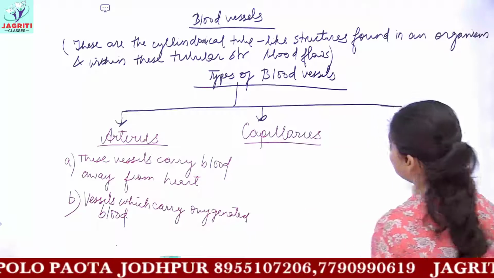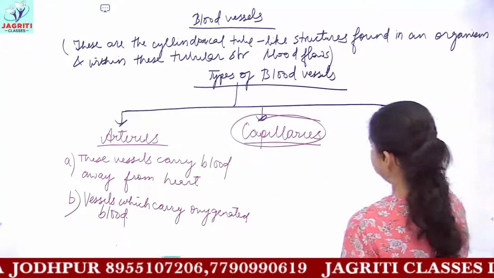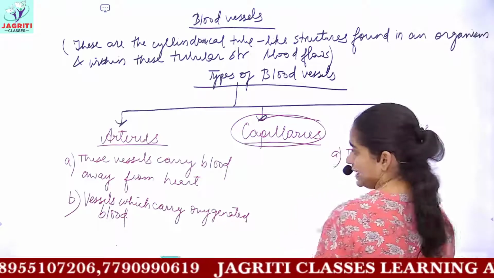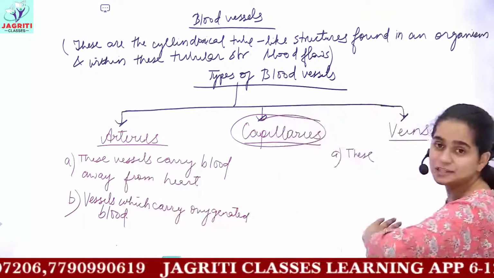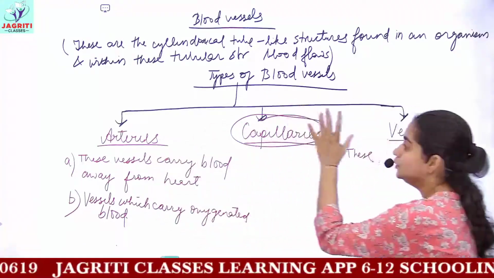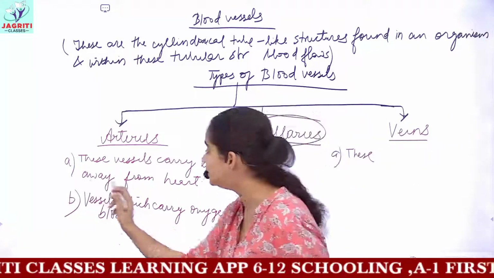Then talking about veins and capillaries, we'll be doing it in the further section. So now veins, just the reverse of this definition. When you write the reverse of the definition of arteries, you get the definition of veins. Arteries were the vessels which carry blood away from the heart.